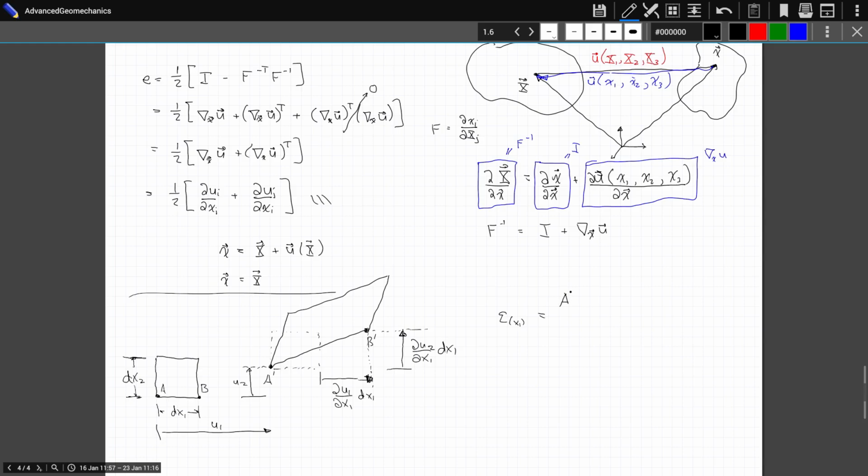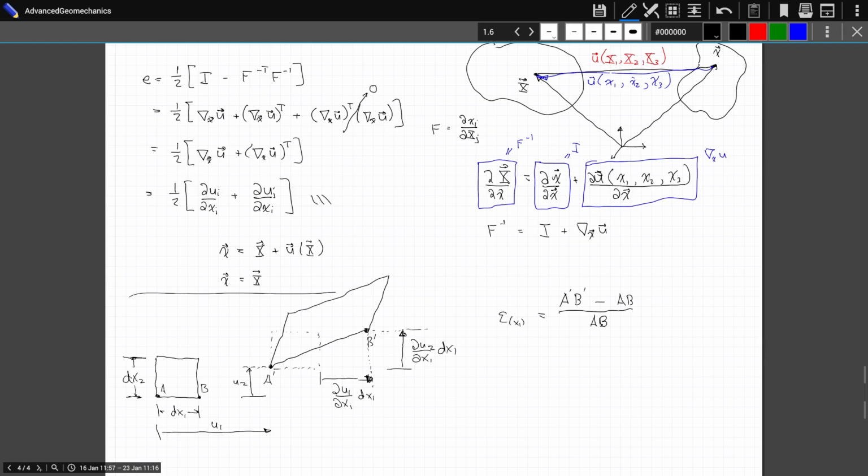So that's the line segment A, B prime minus A, B over A, B.